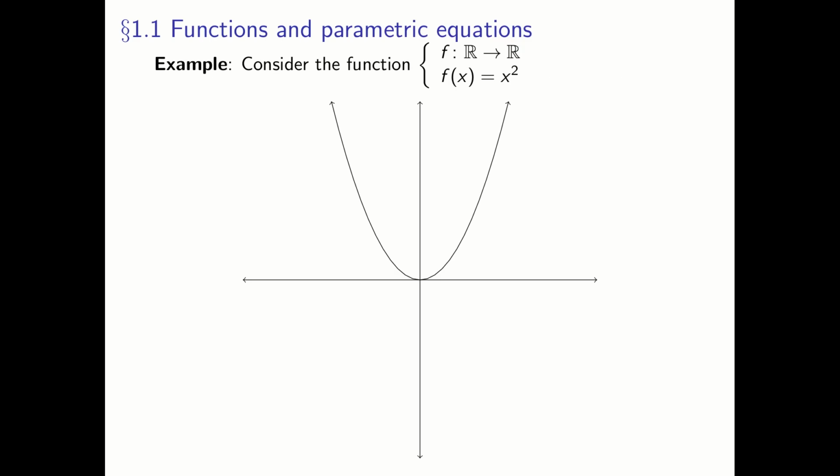So let me go through a few examples of functions, just to make sure we're all clear on the definitions. The domain's a set of inputs, the codomain is where the outputs live, and the rule of assignment. So, okay, here's x squared, our friend, and in this function I'm declaring that the domain is the real line and the codomain is also the real line.